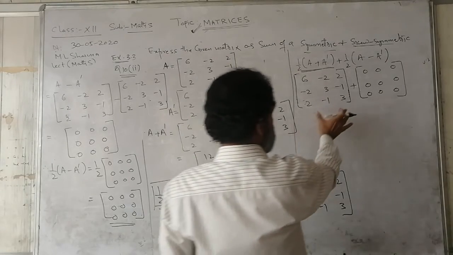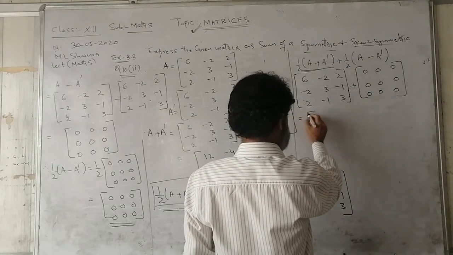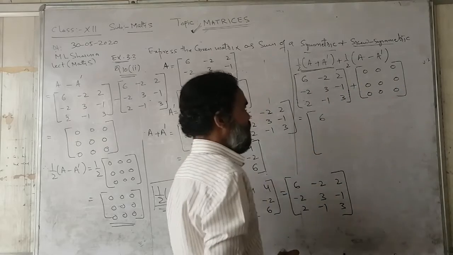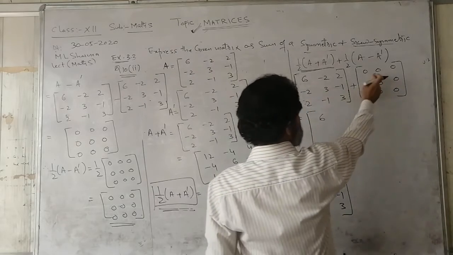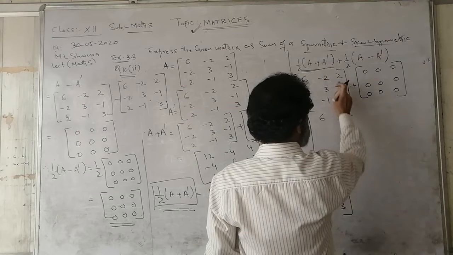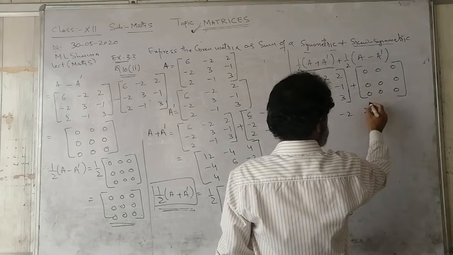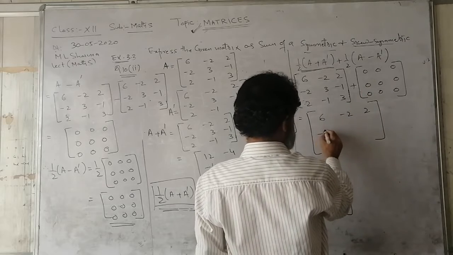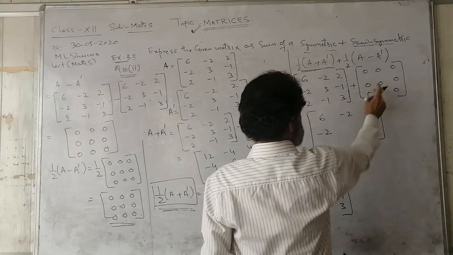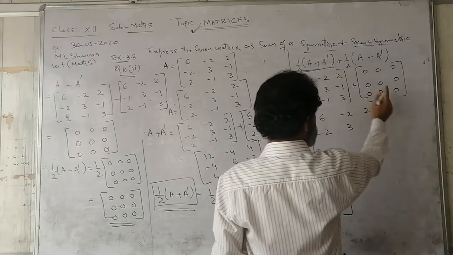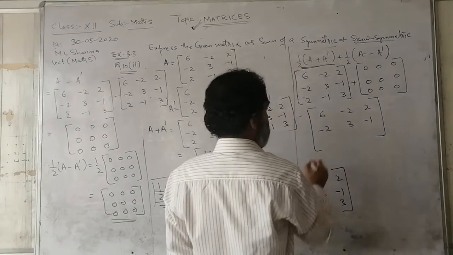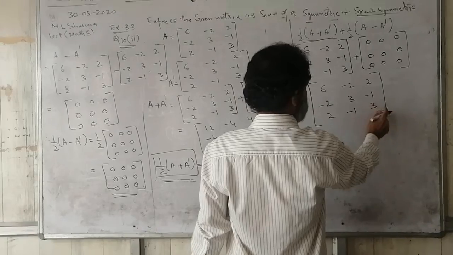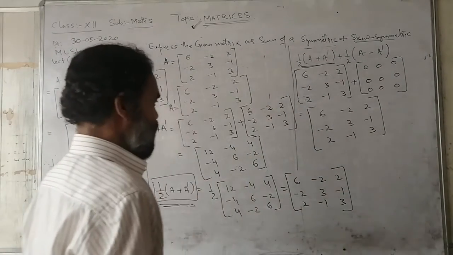Now I will add these two values, so corresponding elements are to be added. 6, then minus 2 plus 0, minus 2, 2 plus 0, 2, minus 2 plus 0, minus 2, 3 plus 0, 3, minus 1 here and 2 here, minus 1 here and 3 here.